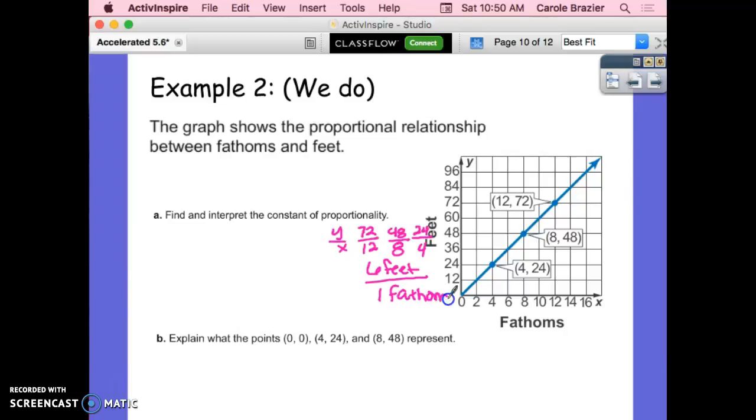Okay? So with that being said, in order to explain the points, you should have had that 0 feet is equal to 0 fathoms. Okay? 4 feet is equal to 24 fathoms, and then 8 feet is equal to 48 fathoms.